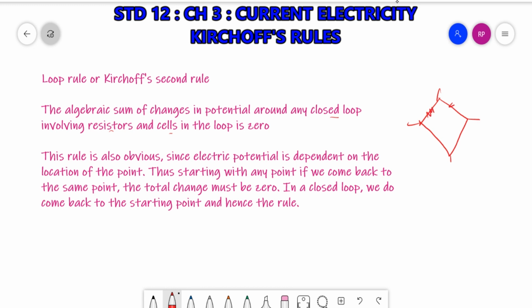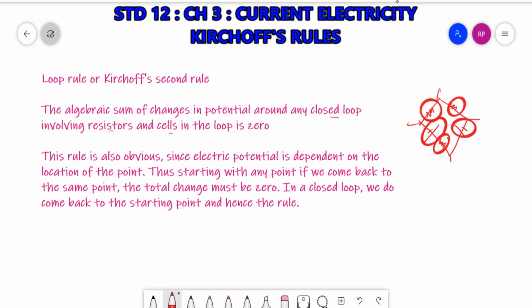Now, there will be potential drop here, here. In every case there will be some potential drop. So the sum of all the potential changes will be equal to zero.